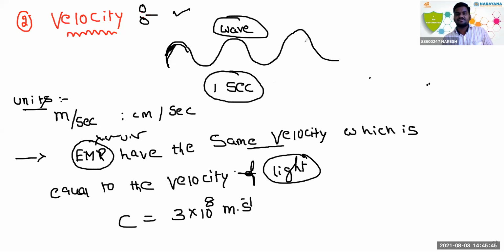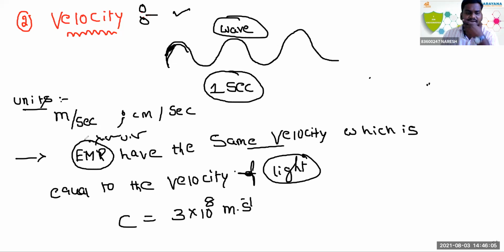The distance traveled by the wave in 1 second time is called velocity. Units are meter per second or centimeter per second.